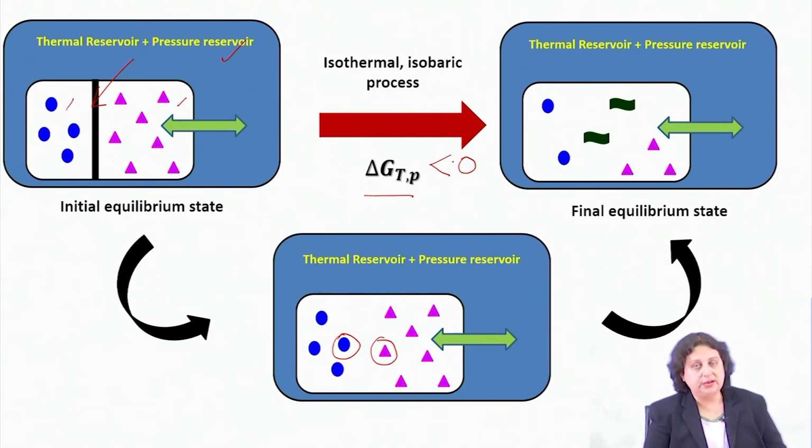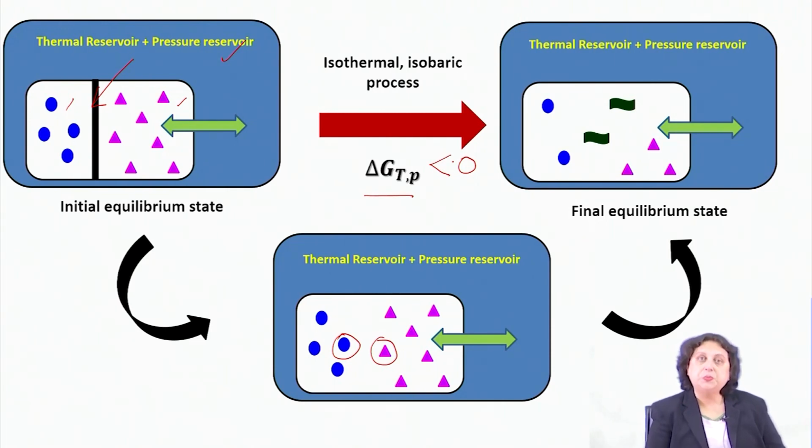Now, when will I achieve the final equilibrium state? That is when, during this process, under the given condition of constant temperature and pressure, the system will acquire a minimum value of the Gibbs free energy.